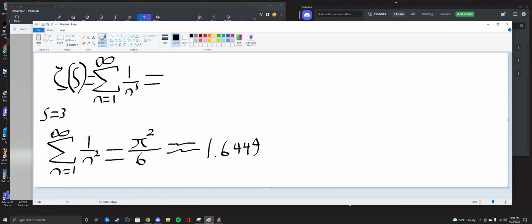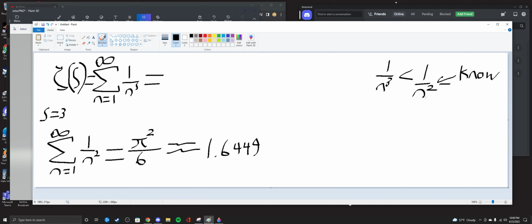So we'll say 1 over n cubed is less than 1 over n squared, and we know this.